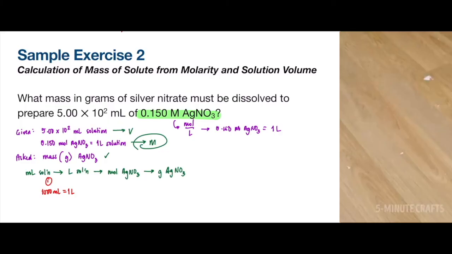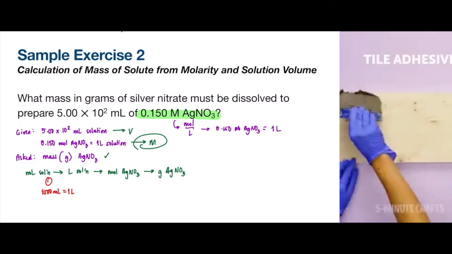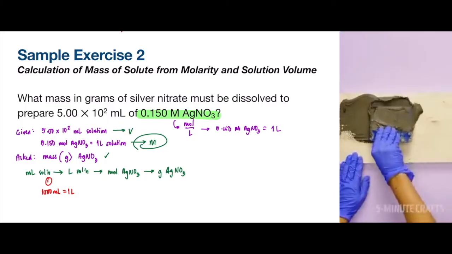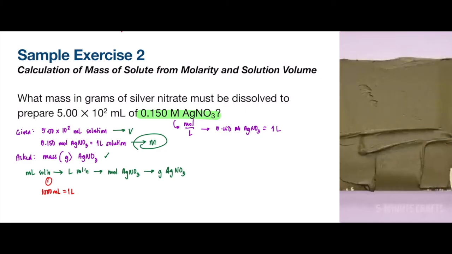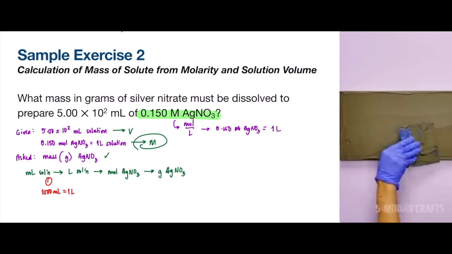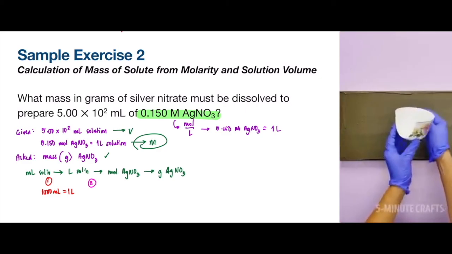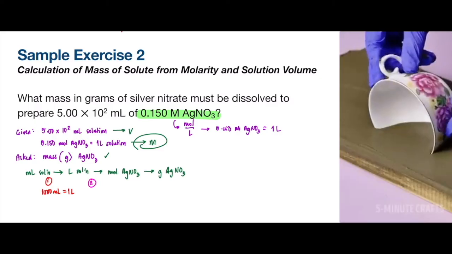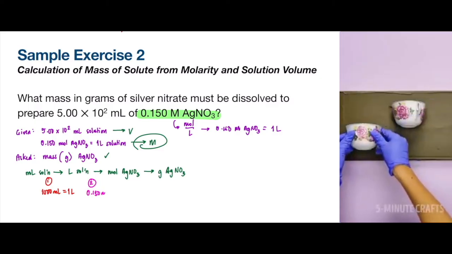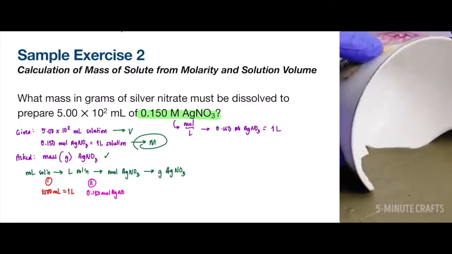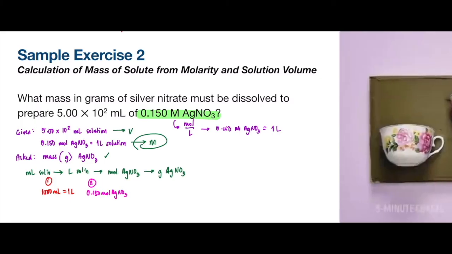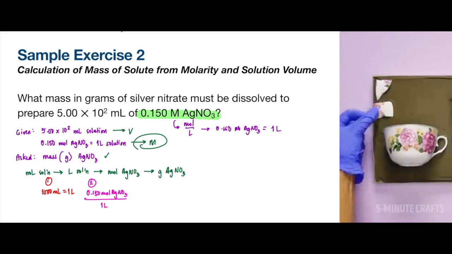So that is the conversion from ml to L. On the other hand, for the conversion of liters of solution to moles of AgNO3, the solute, we will use the molarity, wherein 0.150 moles of AgNO3 is equal to 1 liter of solution.